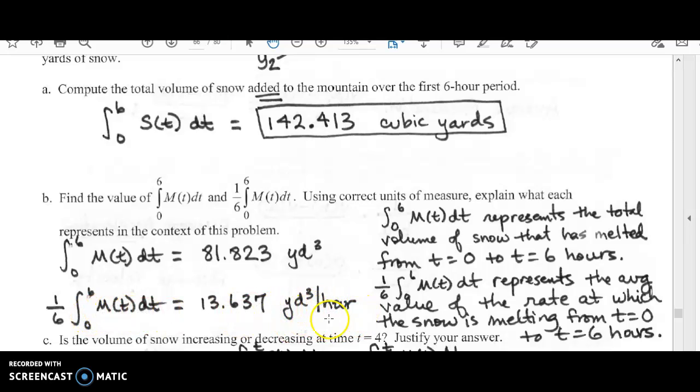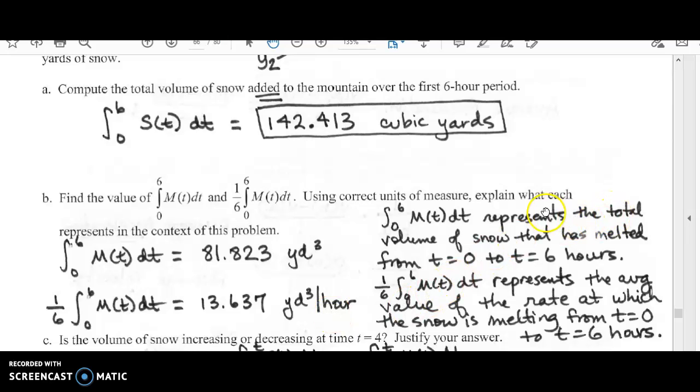I know it's confusing, and this is calculus, so don't be discouraged. Once you figure out these values, it makes sense, and you understand how this is an average value problem, so it's got to be a rate. Average rate of change might be another way of saying that this unit makes sense.